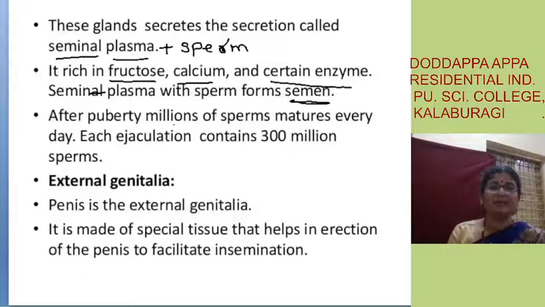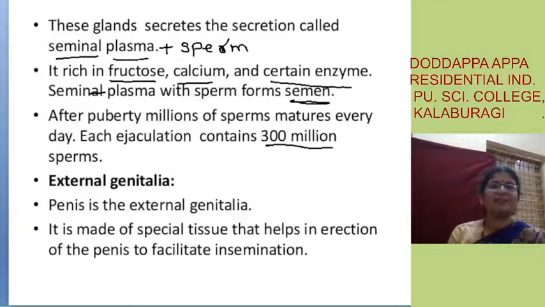Just imagine, in the males, millions of sperms mature every day, and each ejaculation contains nearly 300 to 400 million sperms, as we read in the book. So now you have studied about the accessory glands, accessory duct, and primary reproductive organ.